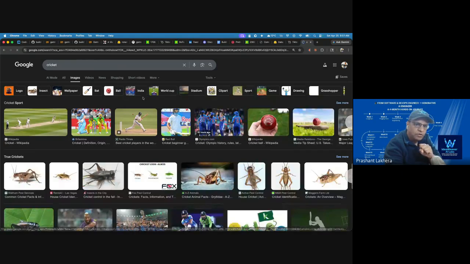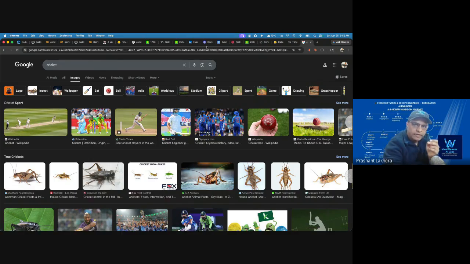But if I give you some information, like cricket is a game, we use a bat, and these are the famous players, like Sachin is one of the famous players. If I give you all this information, you will have developed some kind of visual image, or you will develop some intuition about that word itself, the cricket, right?